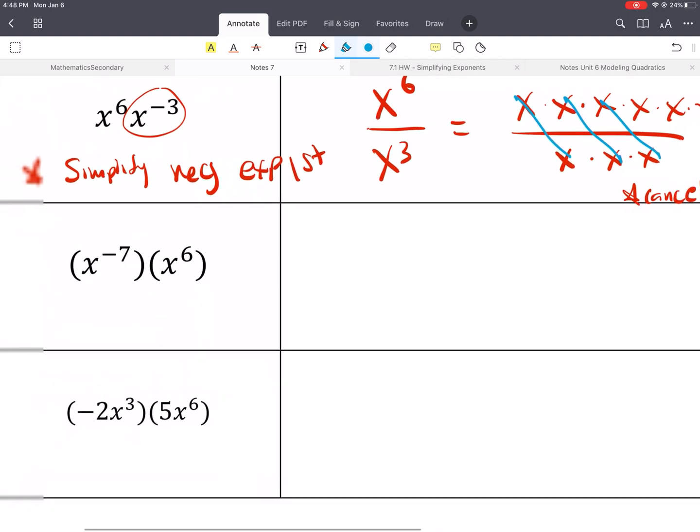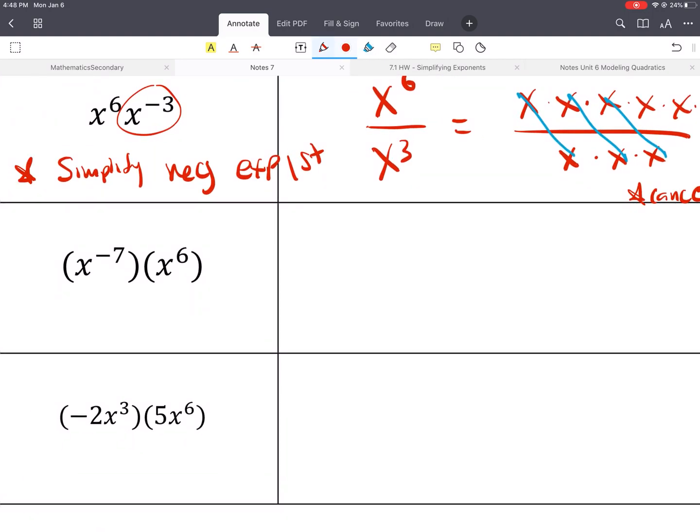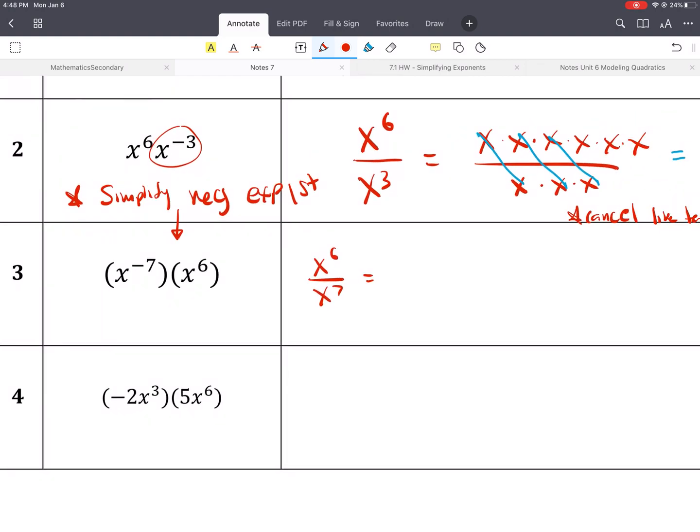Here's another example where we have a negative exponent. We need to simplify the negative exponent first, so that would give us x to the 6th over x to the 7th. Actually, perhaps a better way to do this is the same way we did above.